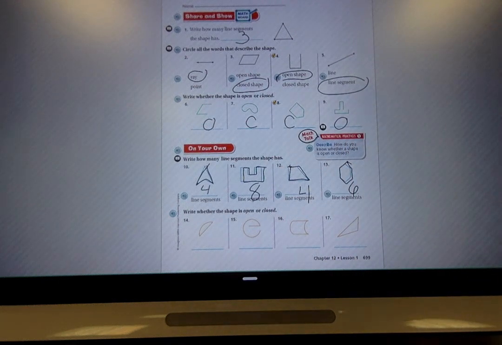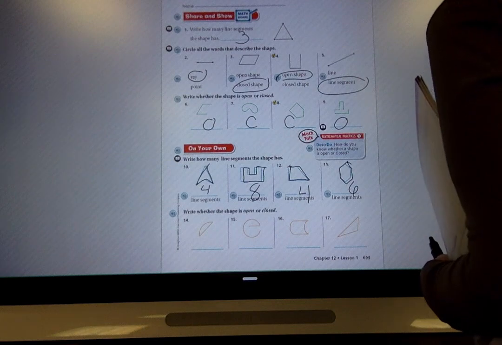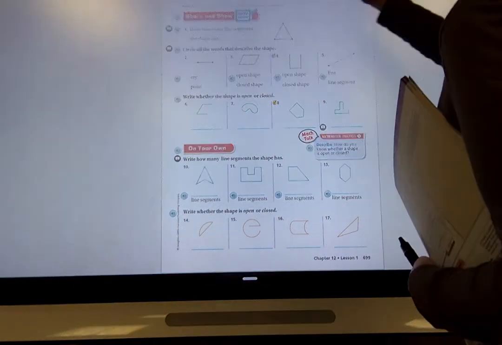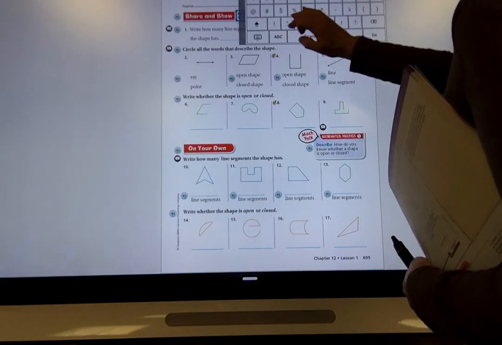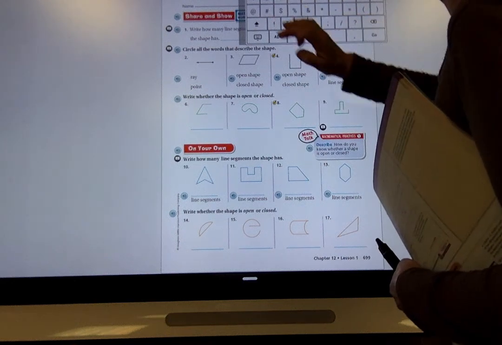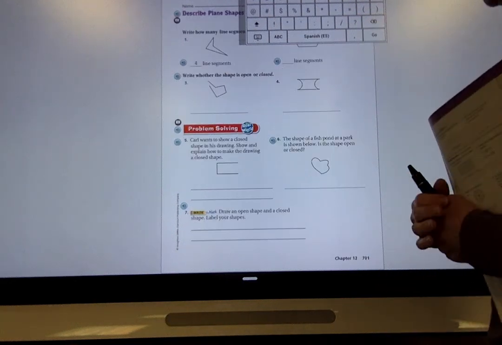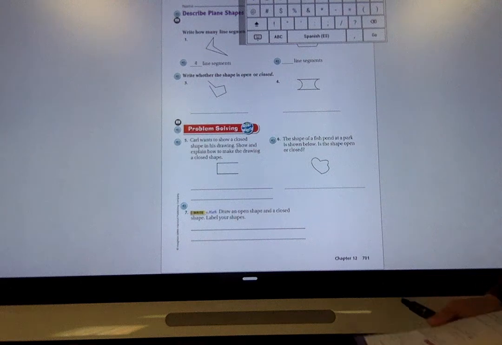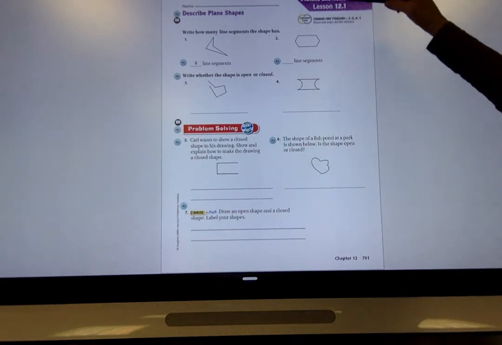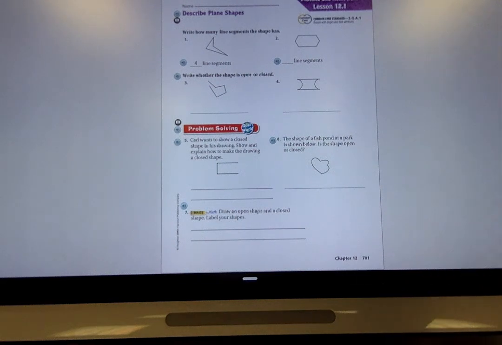I think this is kind of a fun chapter. So let's take a look on page 701. I'm going to just read the directions with you. It says, write how many line segments the shape has.